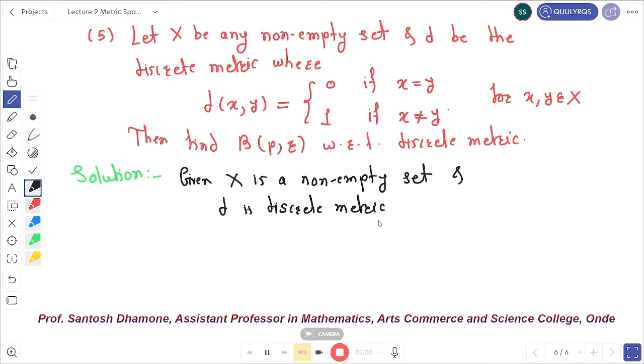Let 0 less than r less than 1 and p belong to X. Then by definition, the open ball about p with radius r is equal to the set of x belonging to X such that the distance between x and p is less than r.